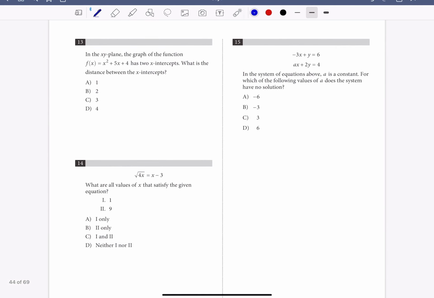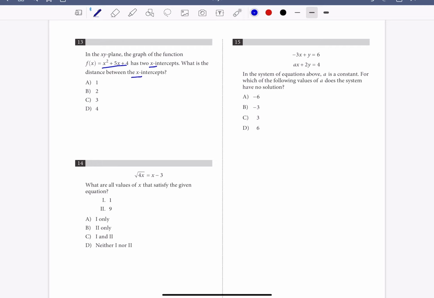Number 13. In the xy-plane, the graph of the function f(x) equals x squared plus 5x plus 4 has two x-intercepts. What is the distance between the x-intercepts? This is a quadratic function, and we are looking for the distance between two x-intercepts.